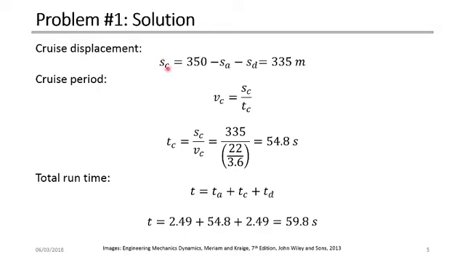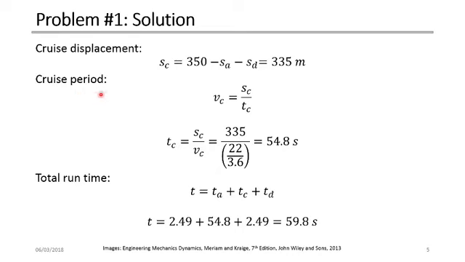The cruise displacement is S sub C, which is 350, the total run of the elevator, minus S sub A, the acceleration displacement, minus S sub D, the deceleration displacement. So we have here 335 meters. During the 335 meters, the elevator would move with a constant speed of 22 kilometers per hour.